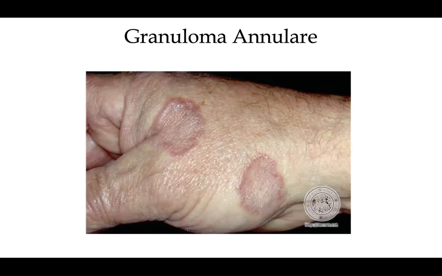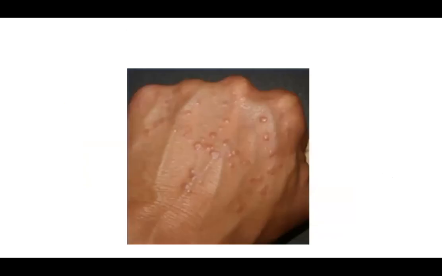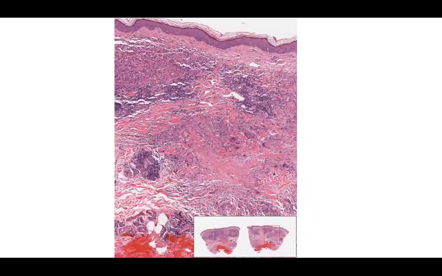So if you really don't know what it is, doing a biopsy on the elevated rim is going to allow the pathologist to look for granuloma annulare, and of course do fungal stains to rule out any type of partially treated fungal infection there. A lot of people forget that granuloma annulare can show up as papules too, so you don't always have the annular part of GA. It can sometimes be papular.